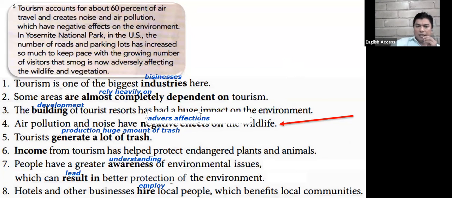Or maybe we can cancel the have: air pollution and noise are adversely affecting the wildlife. You see?